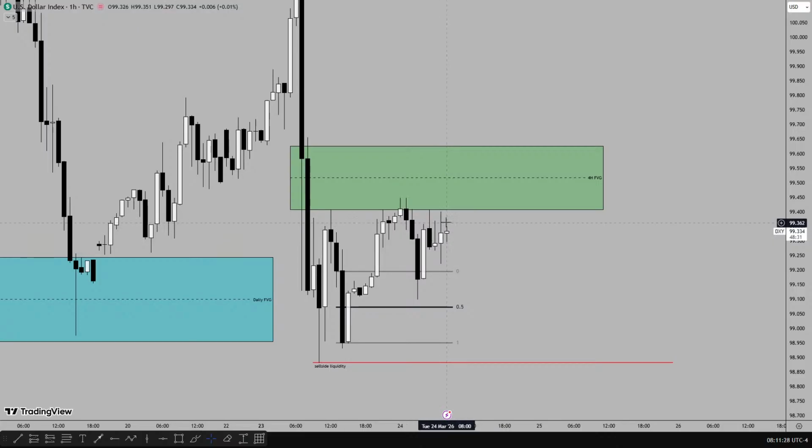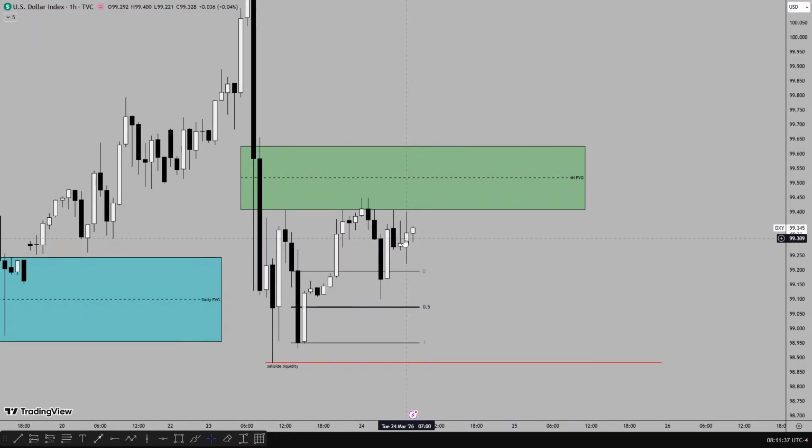But if there's going to be any setup, it should be when the 1 hour is aligned with the 4 hour perspective, which I told you guys might be a possible continuation in running up the swing high.